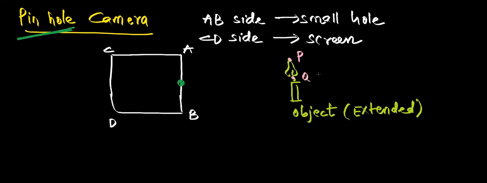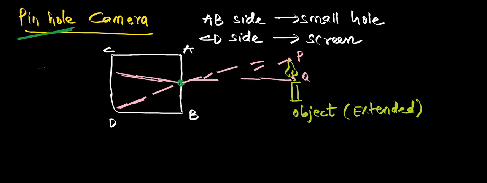The rays coming from P pass through this hole and go in a downward direction, because light travels in a rectilinear way. Similarly, rays from Q travel through the hole and go like this. Why can't they go straight? They can go straight also. But if you take the rays going straight from point P, are they entering the pinhole?